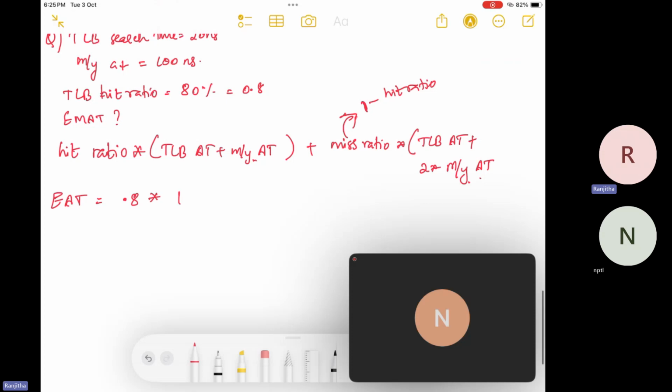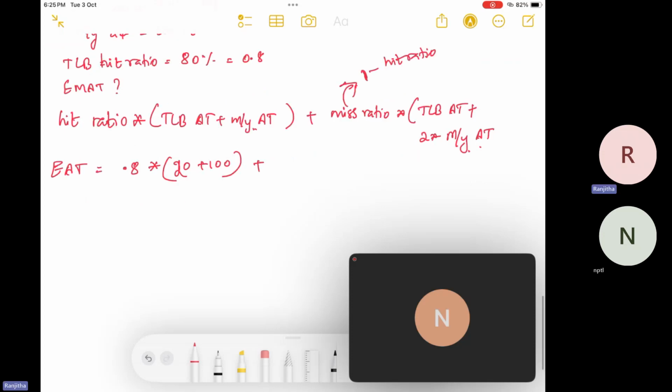8.8 into 20 plus 100 plus miss ratio, which is 1 minus hit ratio, that is 0.2 into TLB access time was 20 plus 2 into 100.